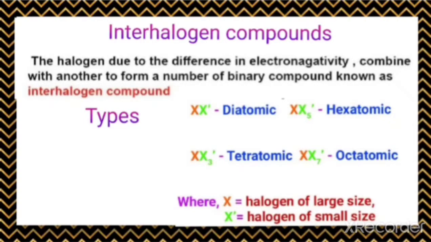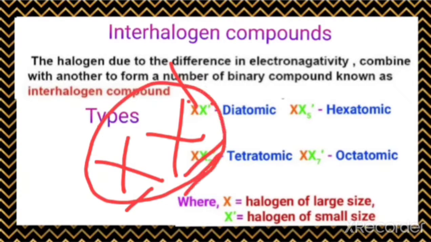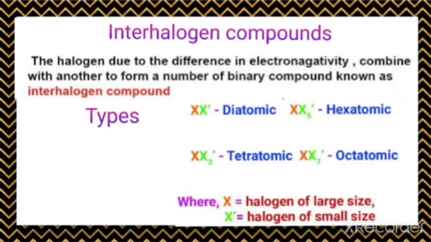Why is it called interhalogen? Because it is a compound between two different halogens, represented as XX dash. X is a halogen, X dash is another halogen. So these are the 4 types of interhalogen compounds we have seen here.